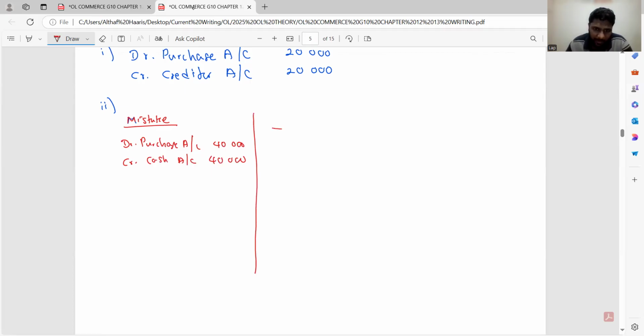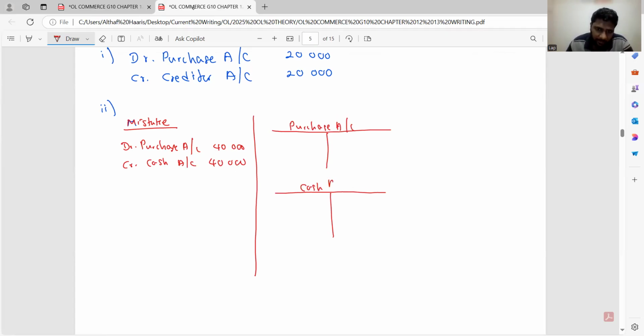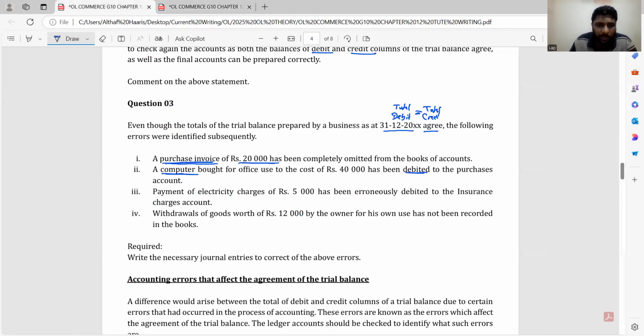So if I prepare the T accounts, this is the purchase account. This is the cash account. Here you have debited 40,000. Here you have credited 40,000. Now people, a computer, no? Computers will not be recorded in the purchase account. In the purchase account, we have to write only the stock, not the computers.